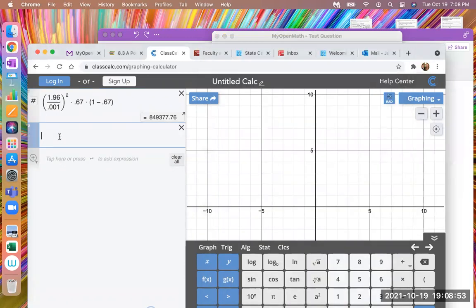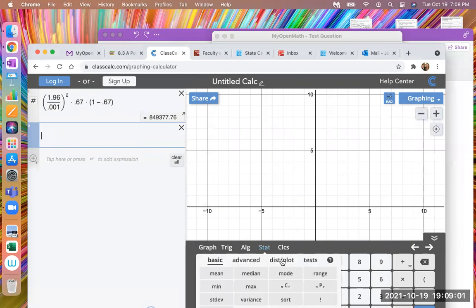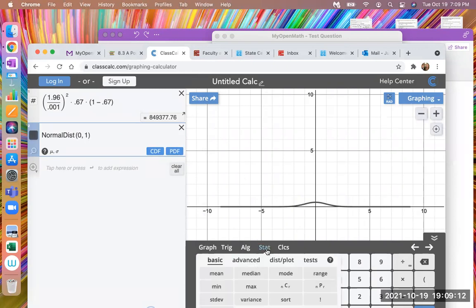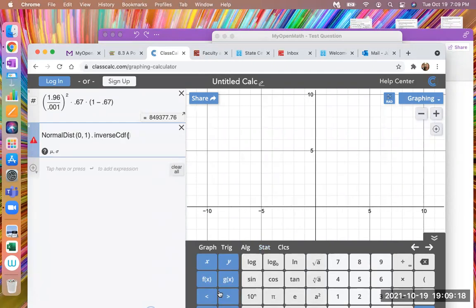Let me calculate that one more time. Okay, let's be more accurate with that number. I really wish it wouldn't do that. Okay, 0, 1, and then normal CDF, inverse.